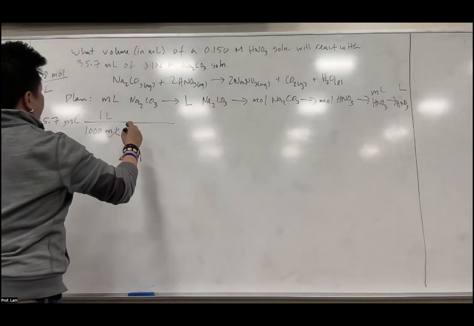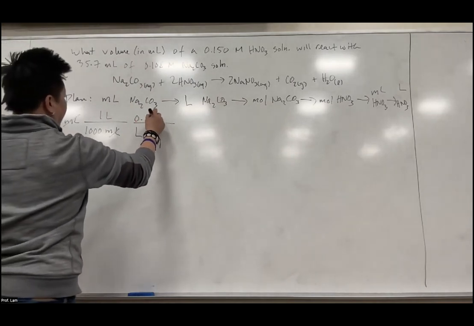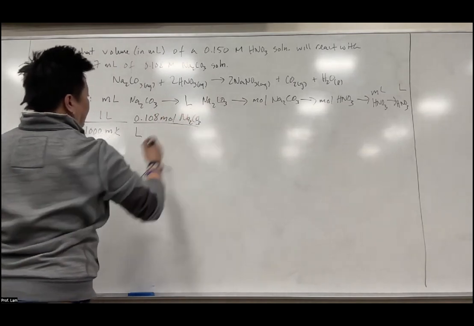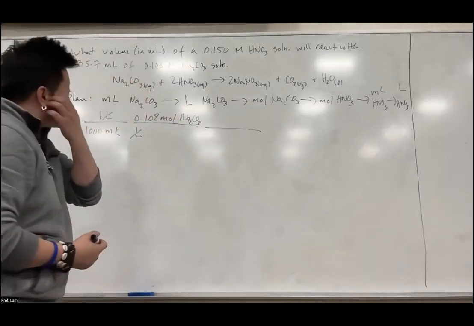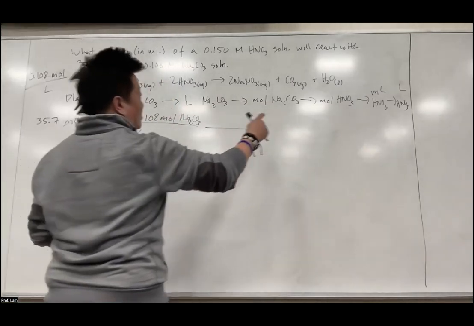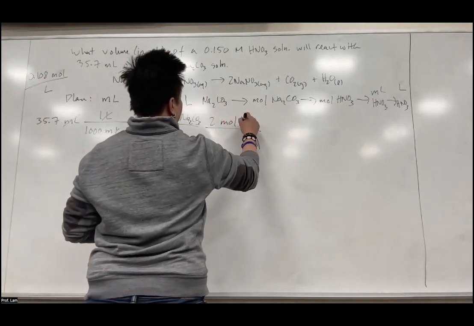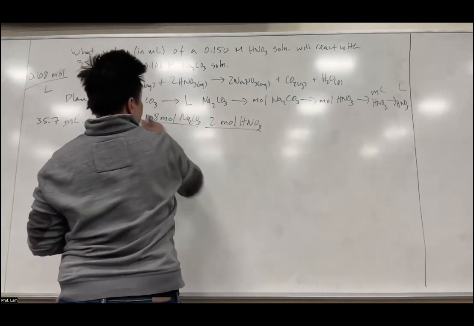So now it's going to be liter on bottom, 0.108 moles of Na2CO3 on top. And then we're going to use the mole-to-mole ratio, right? Moles of HNO3, there's a 2 there. And moles of Na2CO3, that's a 1.